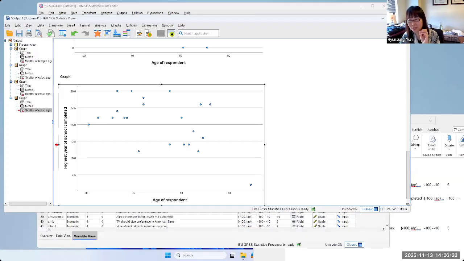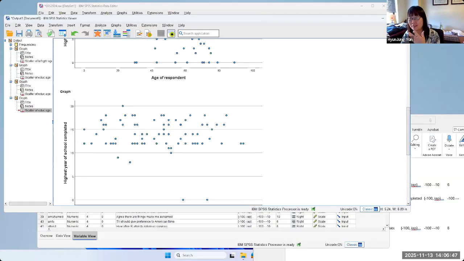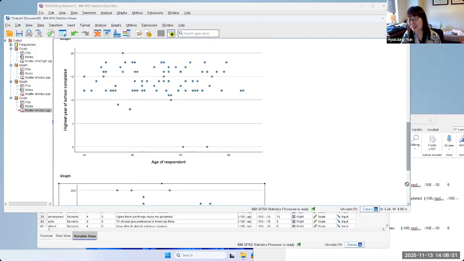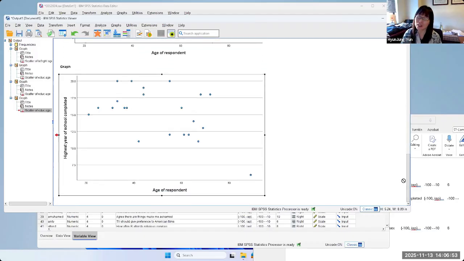You select a random sample and run. If you run this scatter plot, you will see some pattern. Okay, so it is negatively, you see some patterns rather than just clustering them all together as dots in a square. So you can avoid that kind of presentation. That's how you can do that if you want to use it.